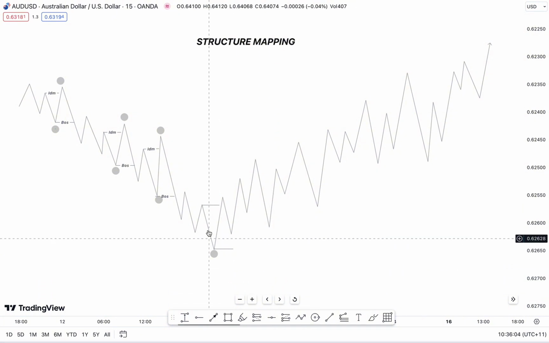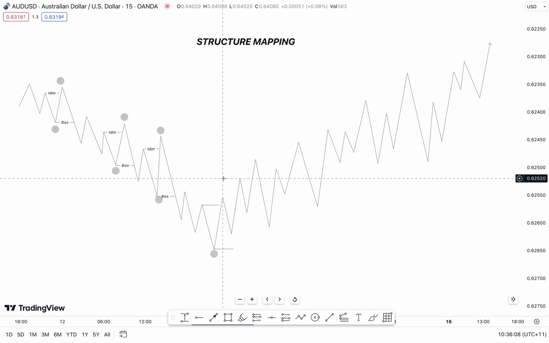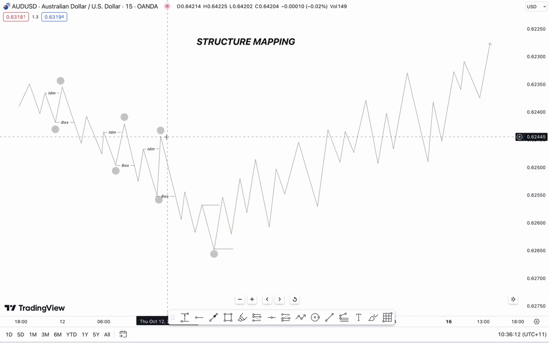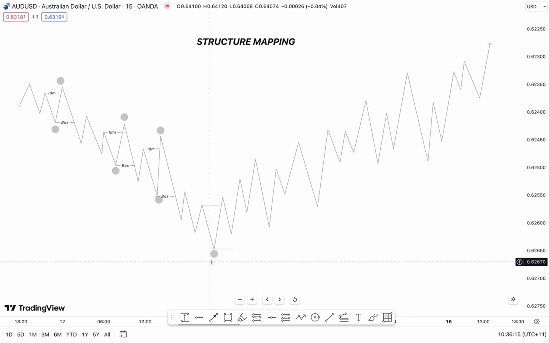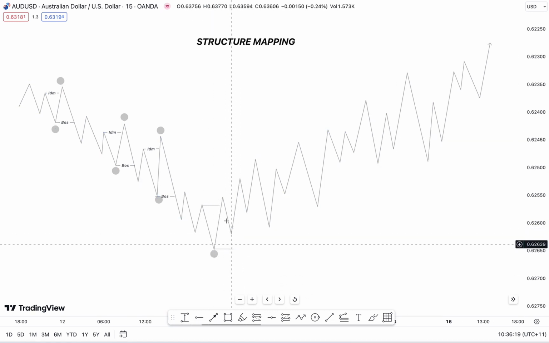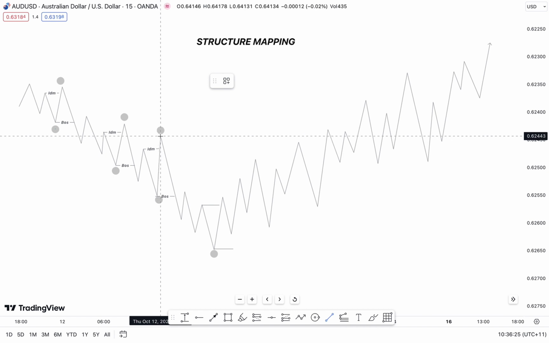But price didn't take out this low, right? So now we have a range, right? We have a range from this last lower high to this low here. So as I said before, until price breaks out this level here, we'll have our lower high confirmed here, but price didn't take it out, right? What did price do?